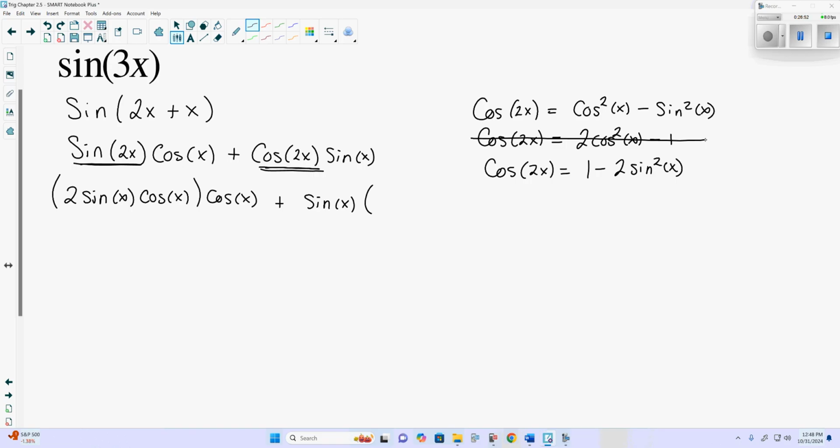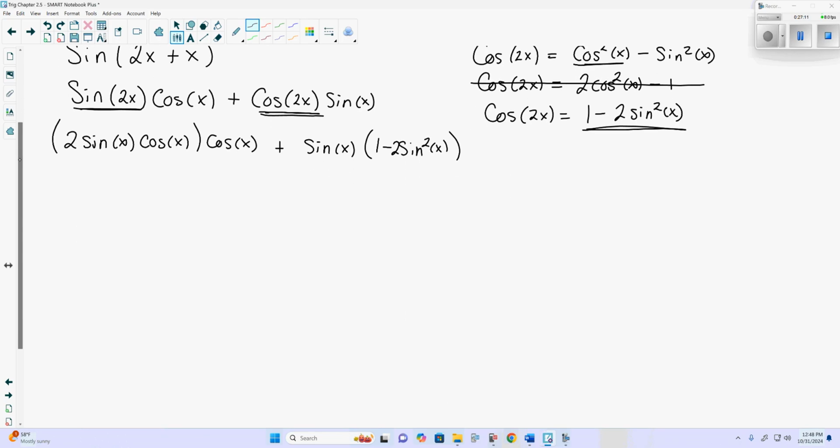First one's not bad, but we do end up with a cosine squared. And the third one does get all of cosine out for that one there. Questions on that there? All right.